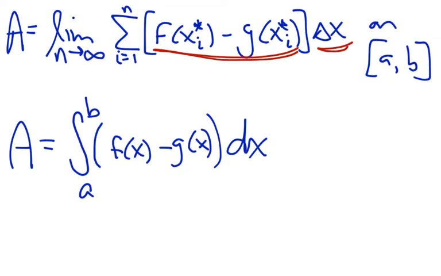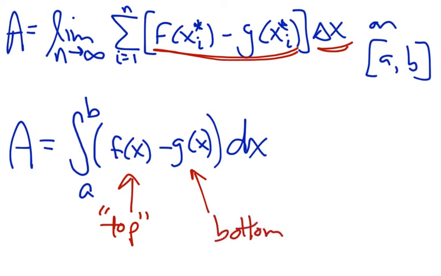All we're doing is taking the definite integral of the difference of the two functions, where f is the top function, meaning the one that is above, and g of x is the bottom function, the one that's below f. So all we have to integrate on the interval is the top minus bottom.